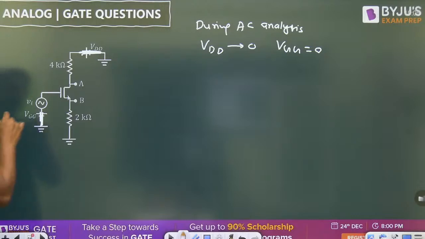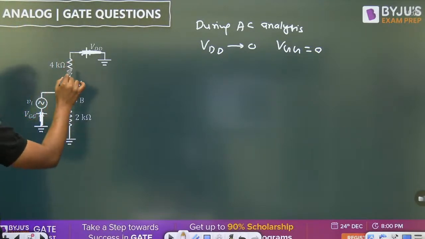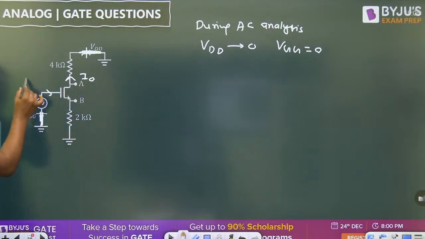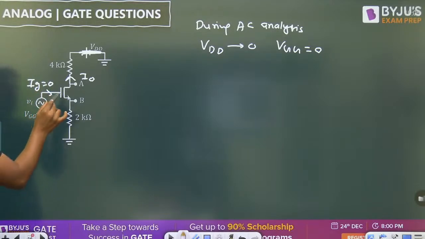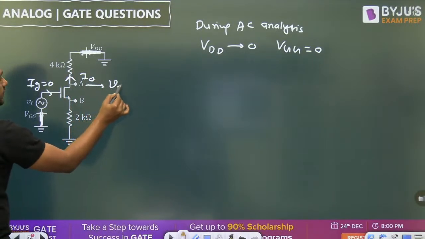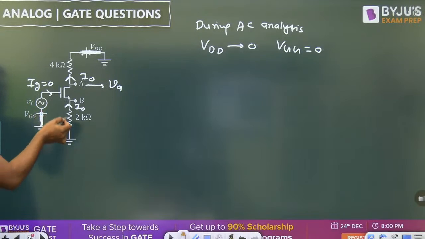Now, we have the same current, let me call it I0. What is the IG here? 0. The same current will pass from this point to this point, where the voltage is VA. Because the gate current is 0, I0 will pass from this point to this point.